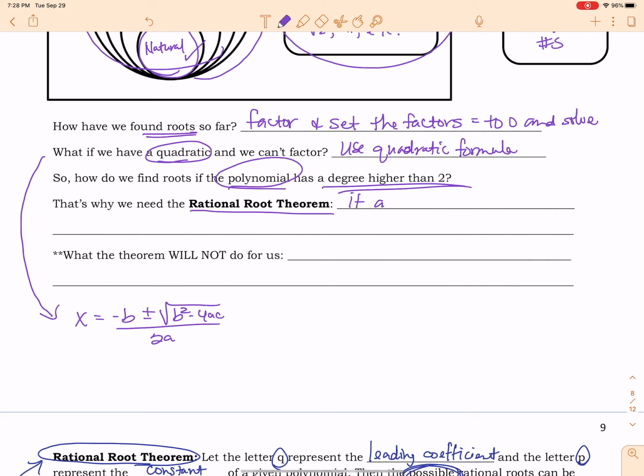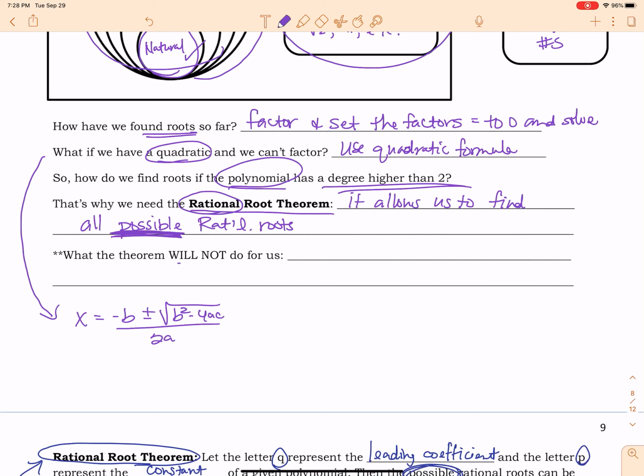This allows us to find all possible rational roots. Now, be careful. Notice this word possible. It will not give you a list of solutions. It will give you a list of possible rational solutions.